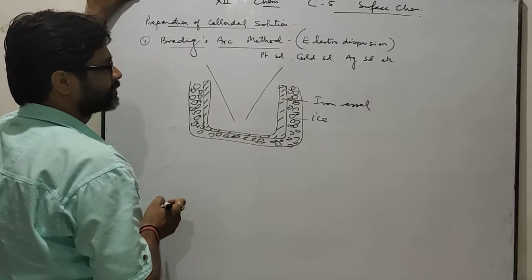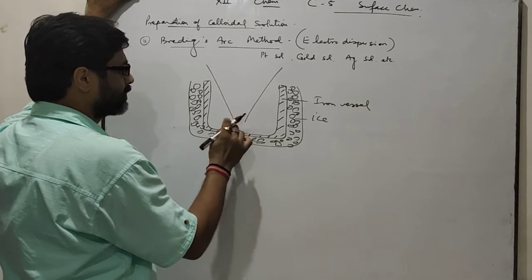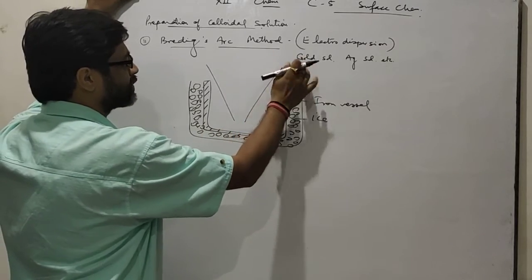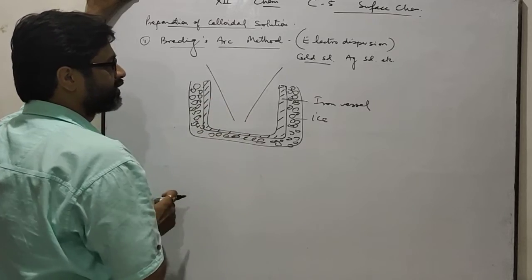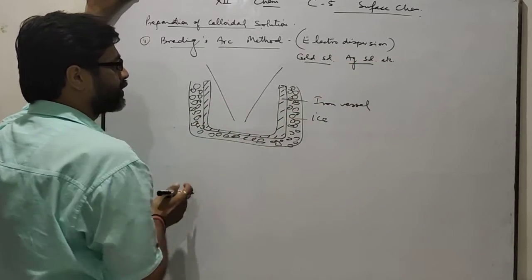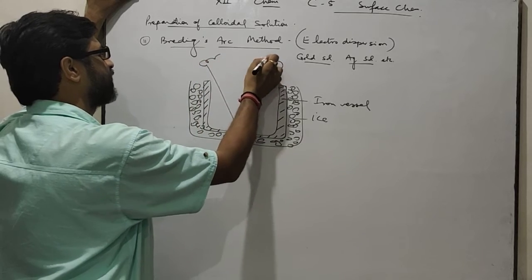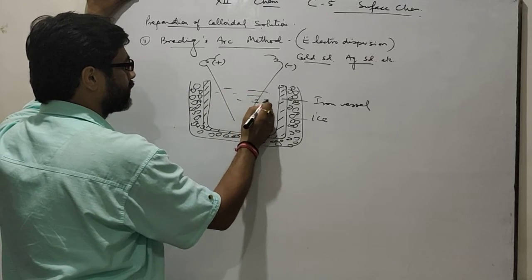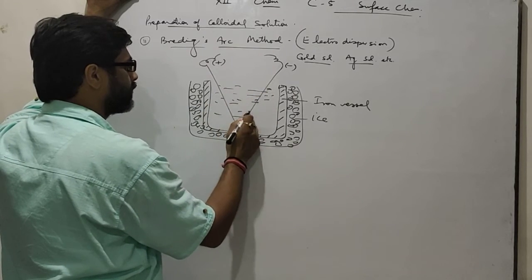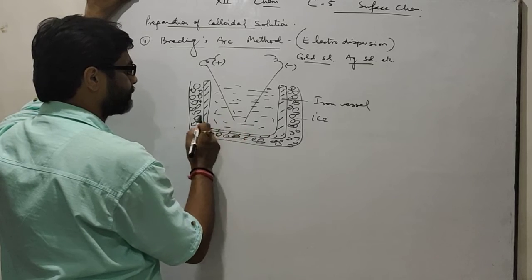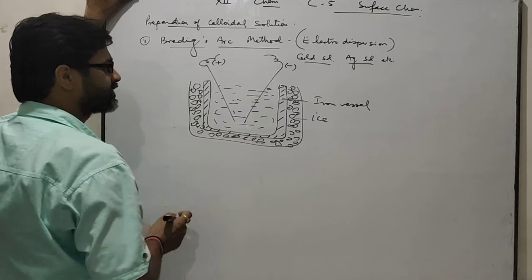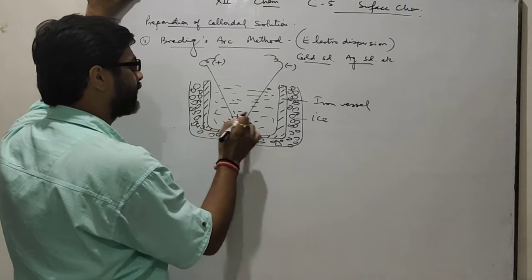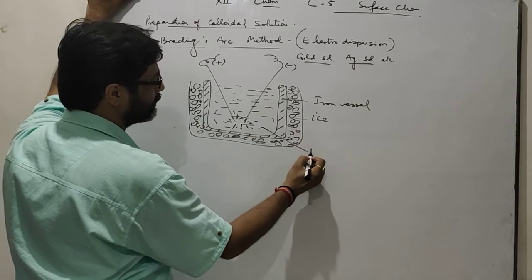Two metal rods. That metal is used here for which the colloidal solution is to be prepared. For the preparation of gold sol, we use gold rods. For the preparation of silver sol, we use silver rods. And these rods are charged, positive and negative. When they are connected with a battery in a vessel containing liquid, on striking together, they produce a spark, and that spark makes the colloidal solution of that metal.